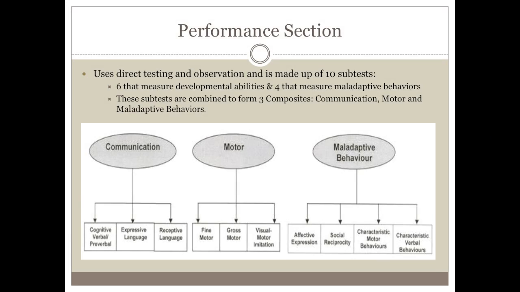These specific performance tasks continue, covering a variety of areas, including expressive language, fine and gross motor skills, social reciprocity, and verbal behavior. Keep in mind that under the maladaptive behavior subtest, many of the items are scored based on teacher observation and not direct test administration.